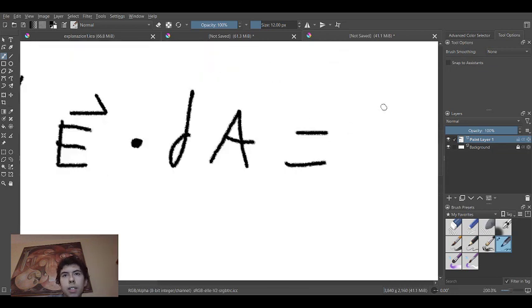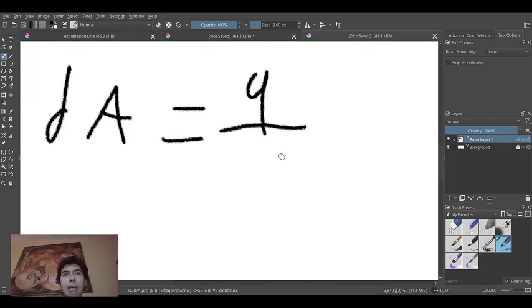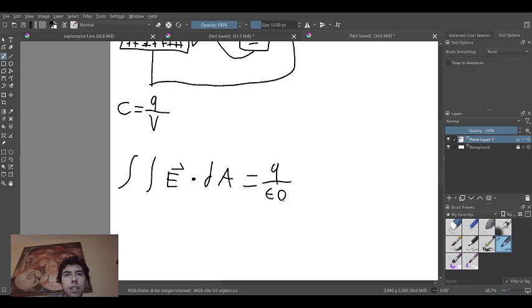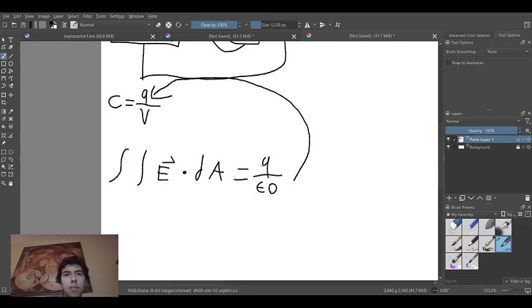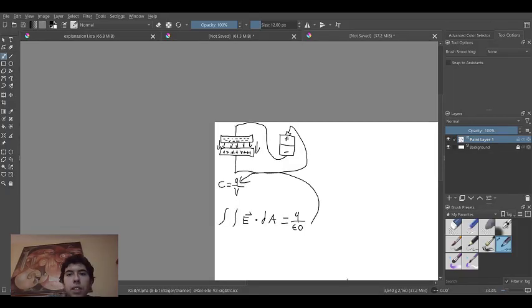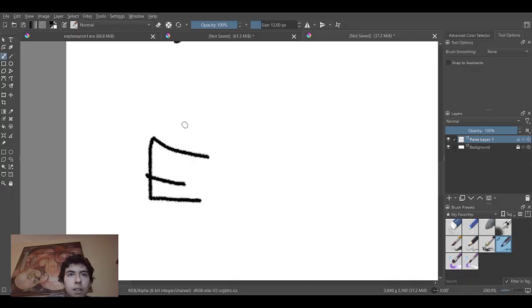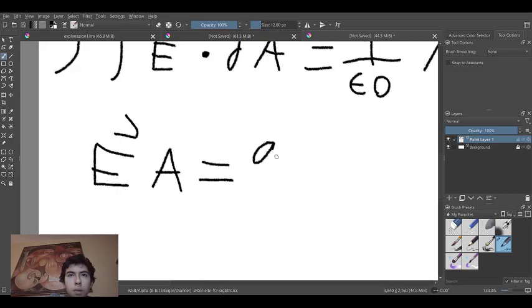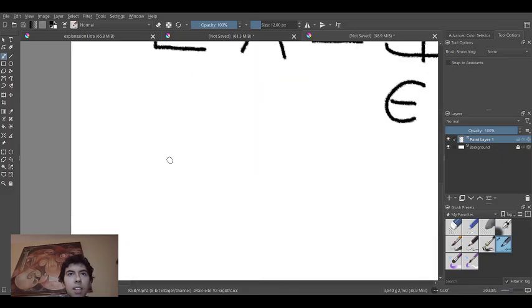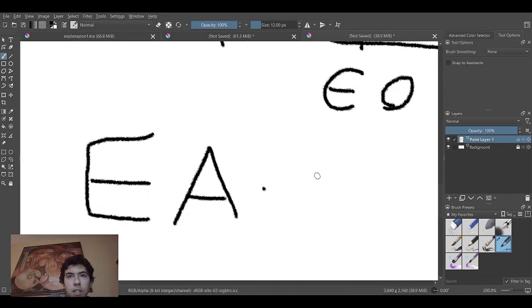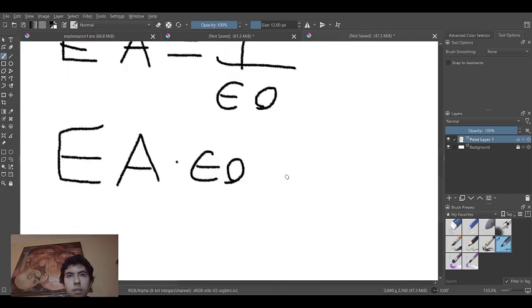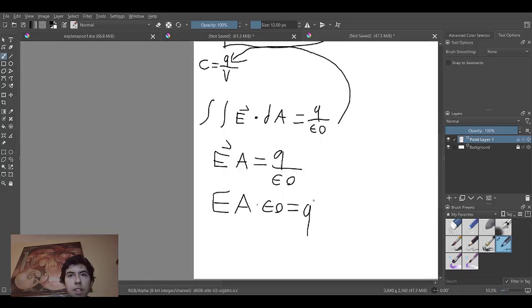And this will equal Q over epsilon 0. Then we can multiply by epsilon 0. This equation can simply be simplified to E times A equals Q over epsilon 0, and this can be made into E A times epsilon 0 equals Q. That's how we get Q.